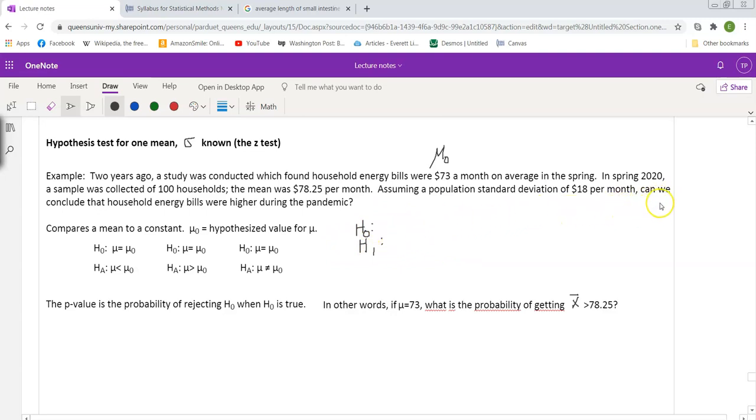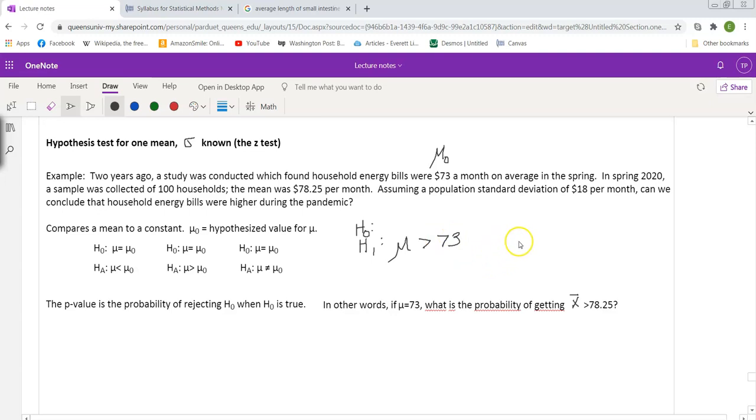So what we're looking to prove, not really prove, but can we conclude that this mean increased from when it was $73 a month?